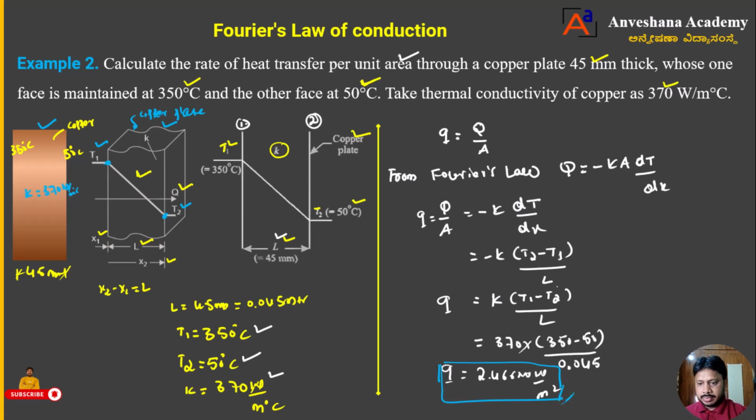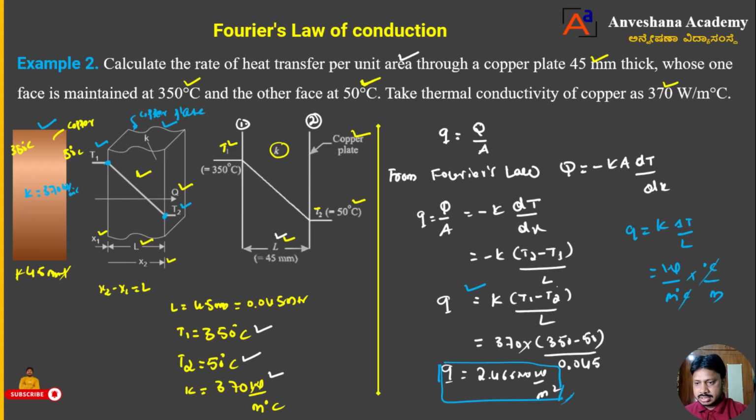So how did you get the watt per meter square? You can see that also. This is the equation, right? Q is equal to K into delta T divided by L. So I will write the units. The unit for K is watt per meter degree Celsius, into change in temperature, that is degree Celsius, divided by meter.